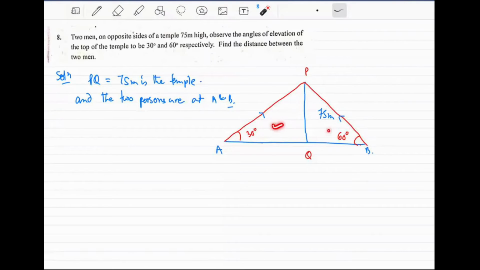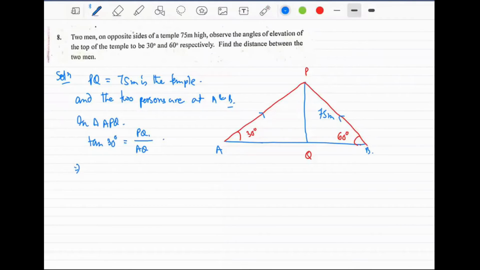Now you take these two triangles separately. First triangle APQ. In triangle APQ, remember we want to use tan theta. Instead of theta, we are going to have 30 degree. If this is 30 degree, this is the opposite, this is the adjacent. So opposite by adjacent, opposite will be PQ, adjacent will be AQ. So this will be PQ by AQ.